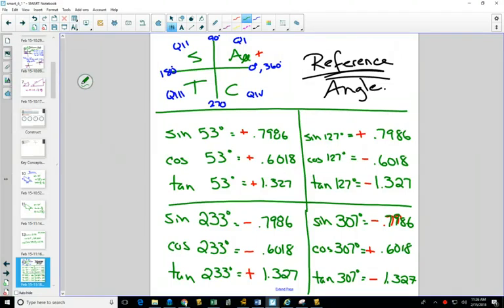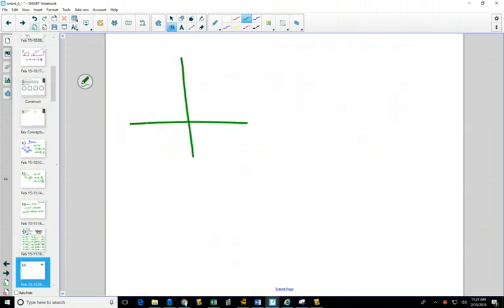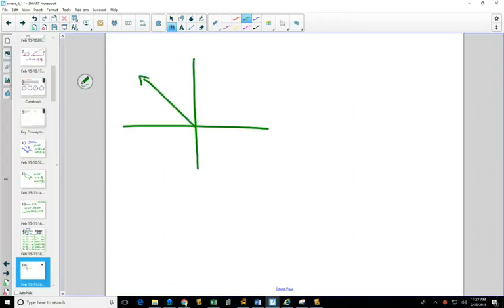Why do these numbers stay the same? What does this mean? How is it that if they have the same reference angle, their values do stay the same? Well, let's think about that. If I draw 127 degrees in quadrant 2, when we're labeling that 127 degrees, that starts at the positive x-axis, and we would say that this is an angle in standard position.